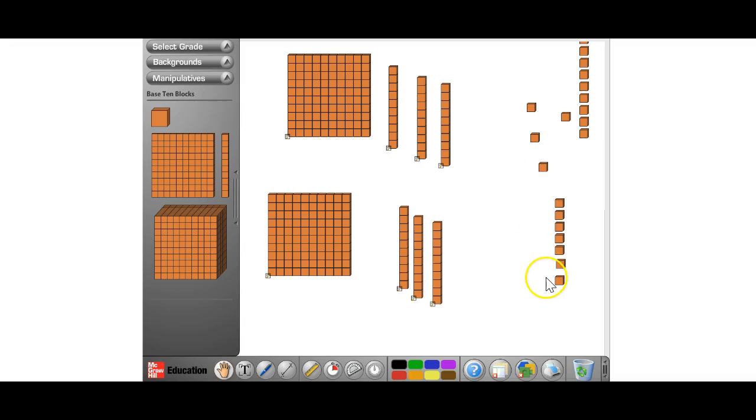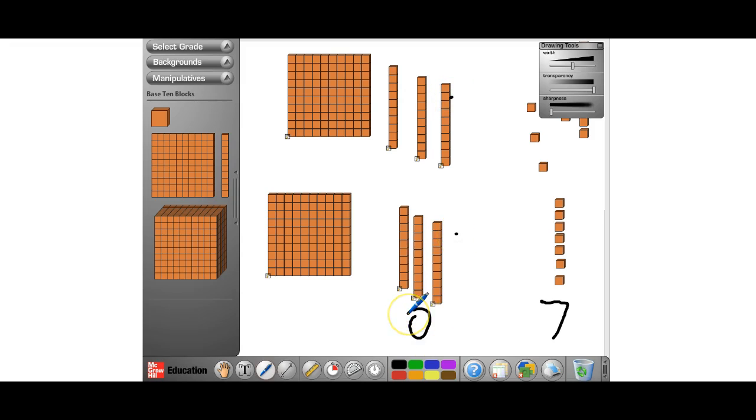Now can I go 14 minus 7? Yes. And if I now go 3 minus 3, I get 0.